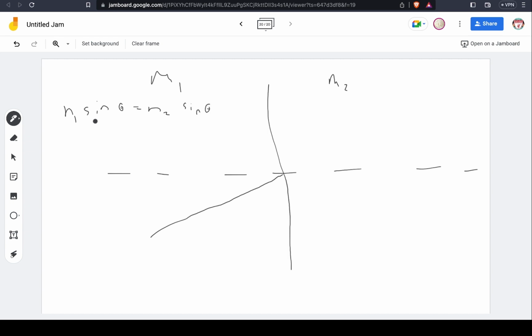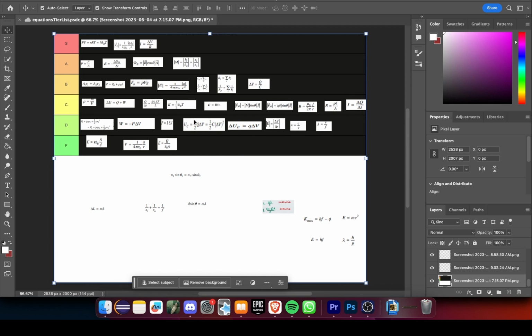Obviously if the index of refraction is bigger in the second medium, that means the angle has to be smaller in that medium. So it's going to come out looking like this. If the opposite is true, it's going to come out more looking like this. And this angle is going to be smaller than this angle.